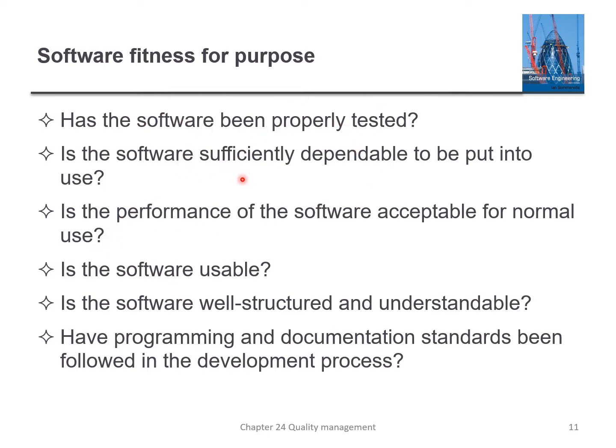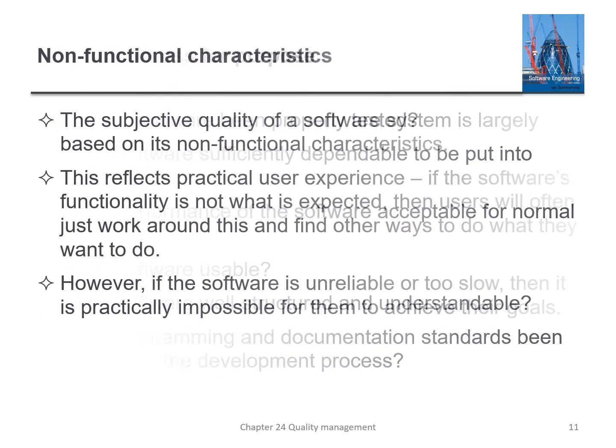Can this software be run independently, does it not depend on so many items? If it needs to be dependent, you need to be clear what it is dependent on. In terms of performance, is it acceptable? Is it usable? Is the documentation understandable? Or when you look inside the software, is it well structured? Is the way the code is written understandable? Does it follow certain standards in terms of programming during the development?